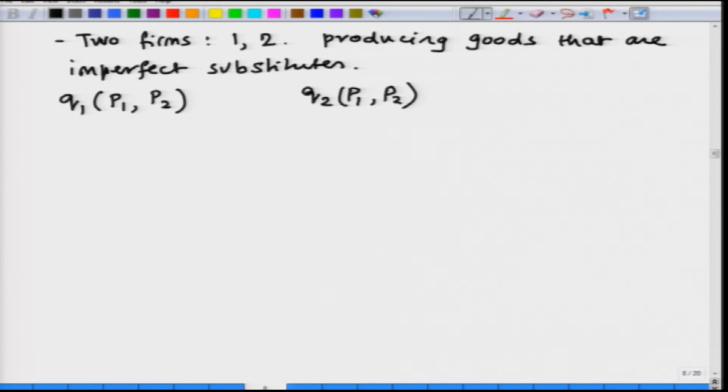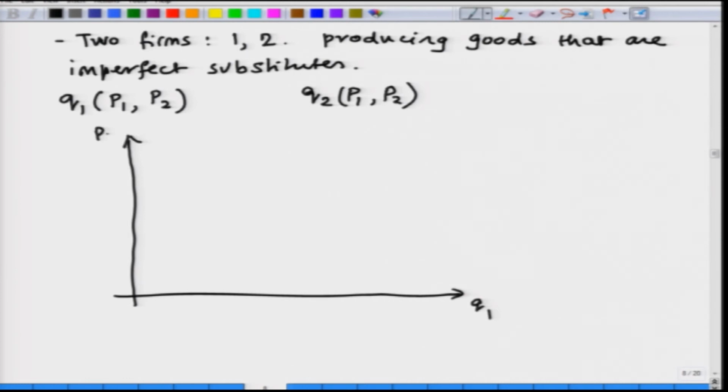Now, let us look at firm 1's Q1 and P1. With respect to its own price, I have the standard downward sloping demand curve. Let us say the price of firm 2's product is P2A. If firm 2 were to price its product at P2A, I can get firm 1's demand curve.